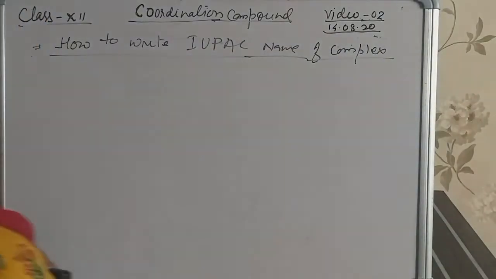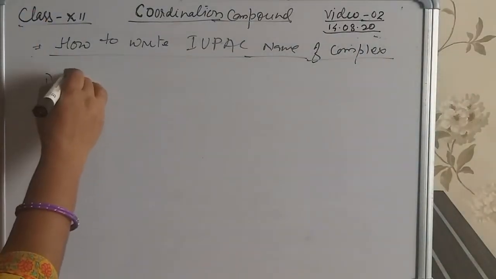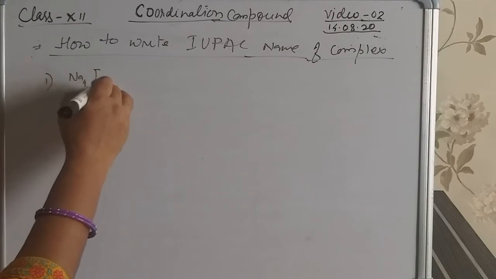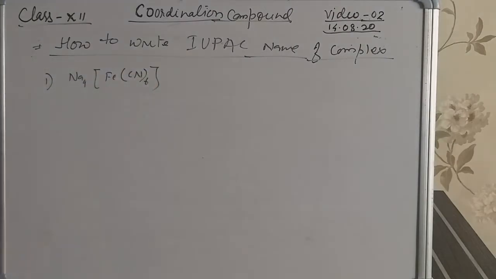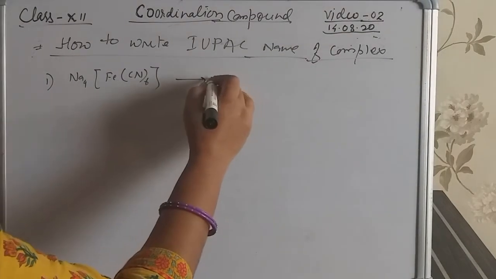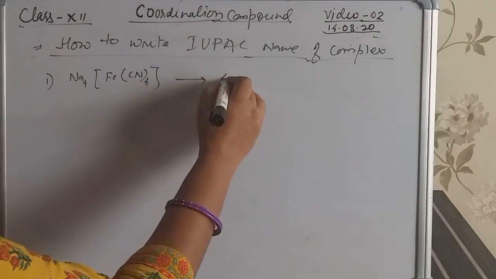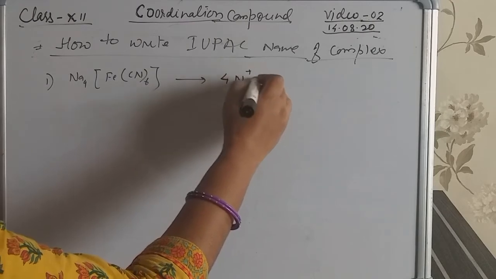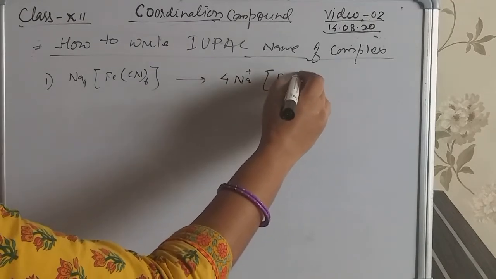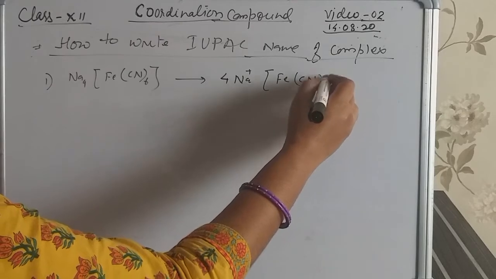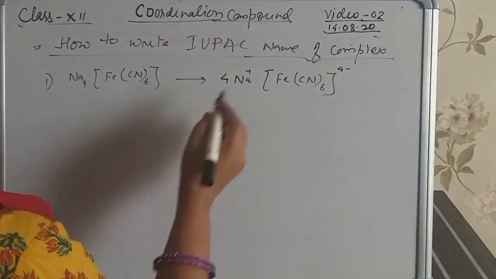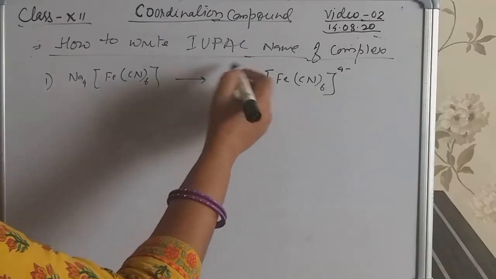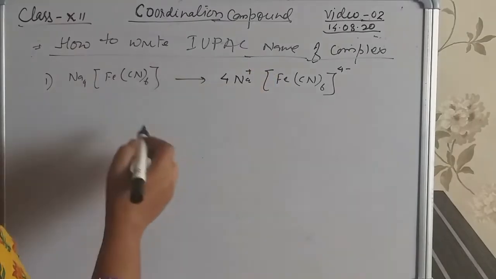Suppose we have a compound Na4 FeCN6. If we see it in aqueous solution, it will dissociate like this: 4Na plus and FeCN6 4 minus. So this is the ionization sphere.